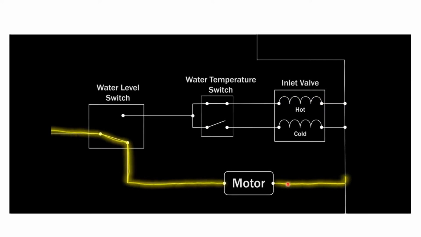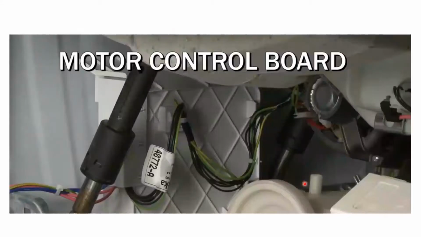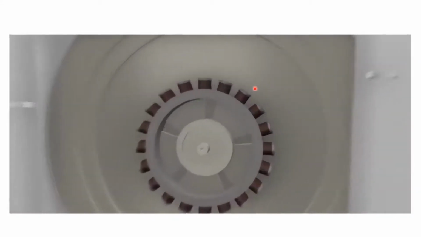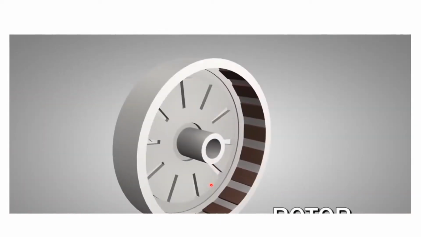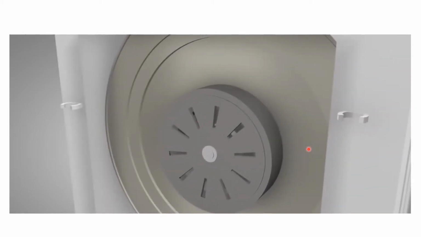Now once the motor gets power, it is necessary to control the motor. So every washing machine will have a motor control board, which will be controlling the operation of the motor. As you can see, this will be the stator of the tub motor, and this will be the rotor. This rotor casing will be sitting into the stator, and this is how it works when the supply is given.